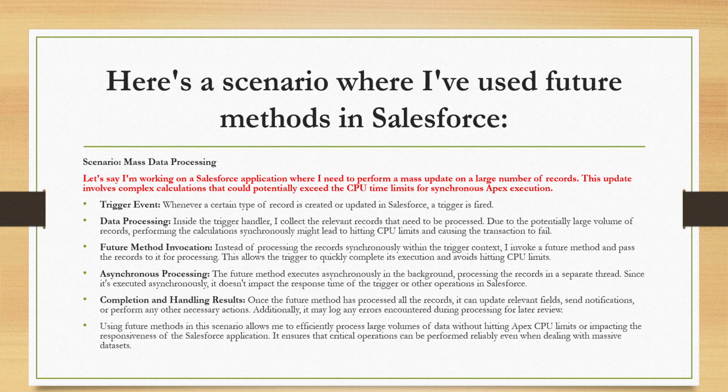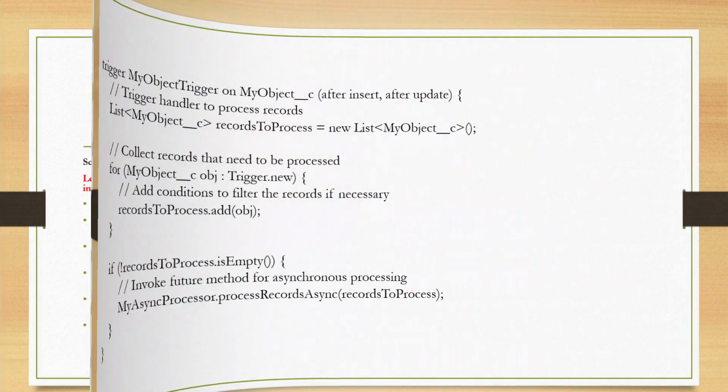So using future methods in this scenario allows me to efficiently process a large volume of data without hitting CPU limits or impacting the responsiveness of the application. It ensures that critical operations can be performed reliably even when dealing with massive data sets.